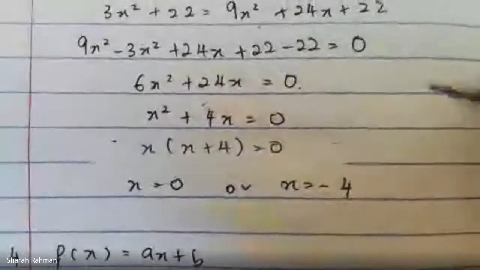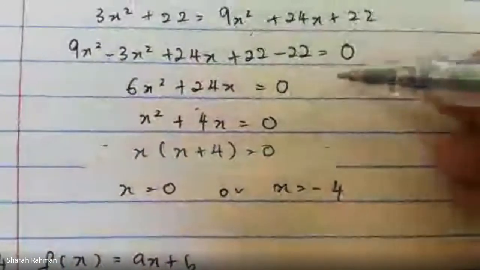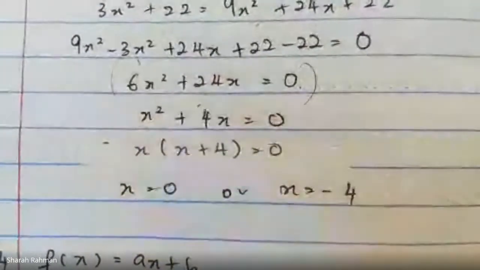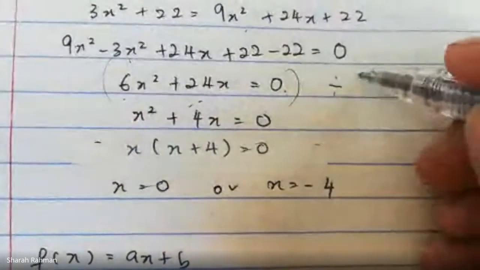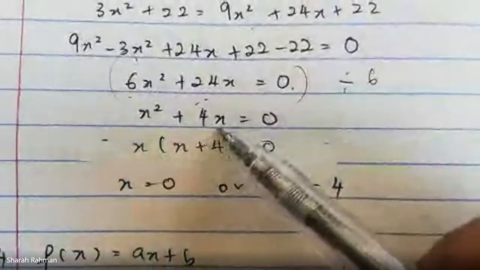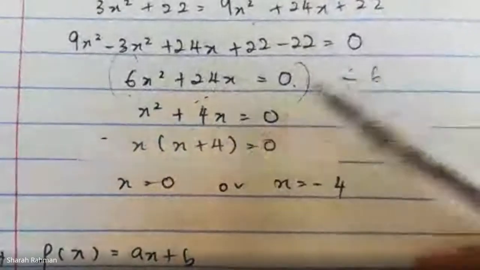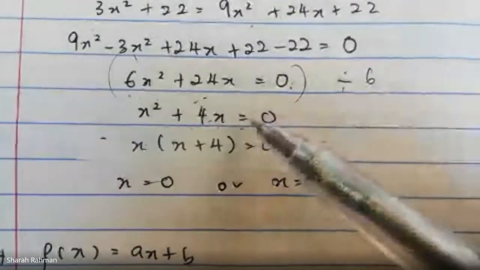Okay, so next, we do the divide by 6. This one, we have 6 here, we have 24 here. So we divide everything with 6. So we get x squared plus 4x, because 24 divided by 6, we get 4x equals to 0. 0 divided by 6 is 0.